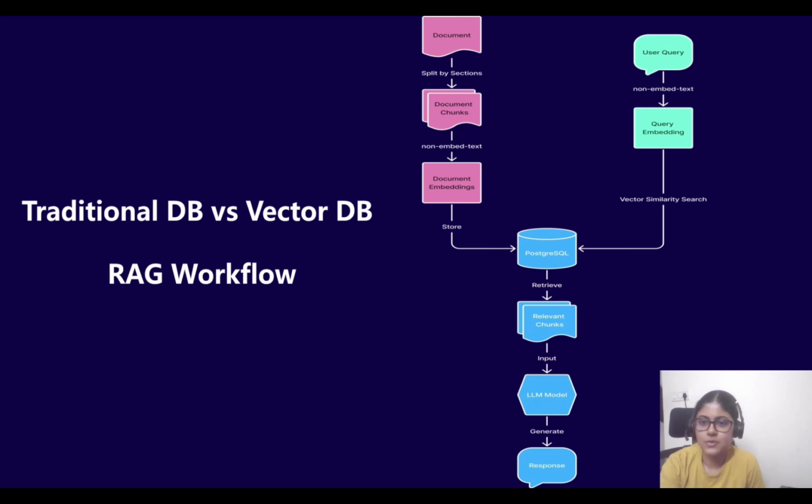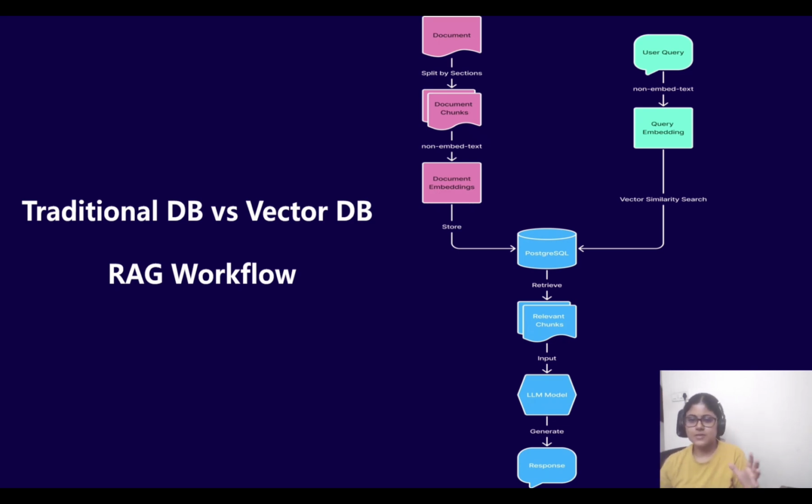Similarly, the user query that comes in also gets converted into embeddings, and we go for a vector similarity search. Whatever the user query is, we search for where relevant things are found, and those relevant chunks are retrieved. Say, for example, I got a match in row number 5, a match in row number 50, and then a match in row 150.